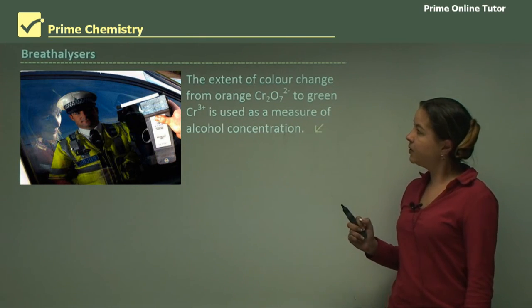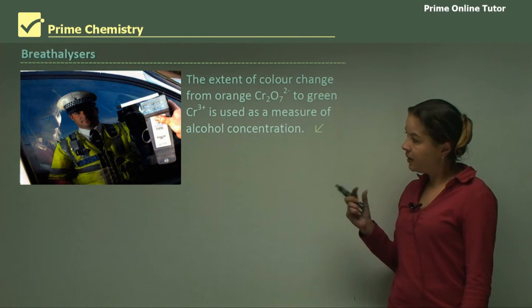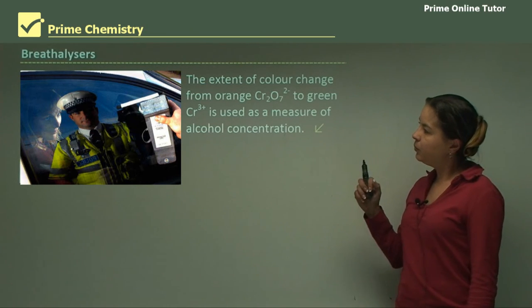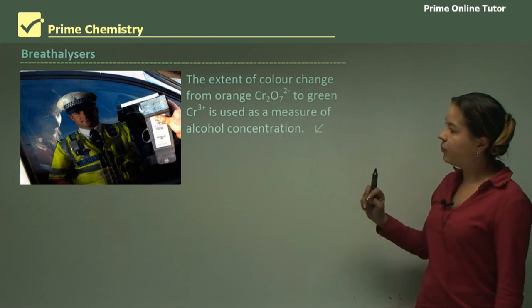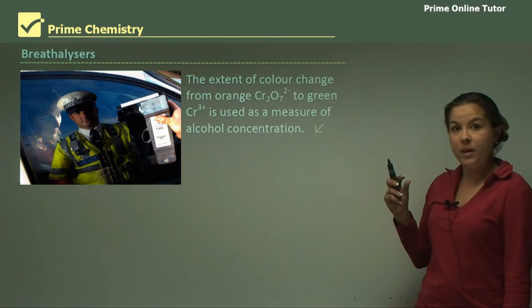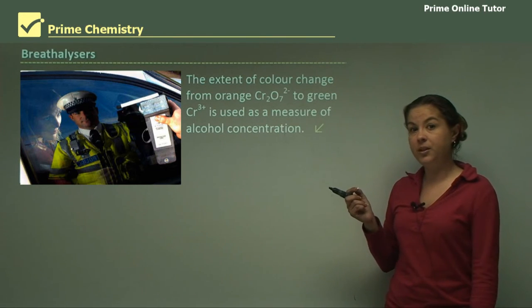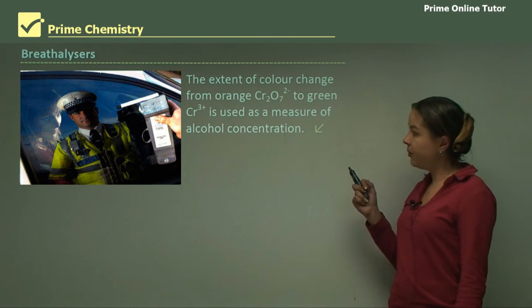What happens in the breathalyser is a colour change, and they'll get a digital reading, but the extent of the colour change goes from orange, which is the dichromate ion, to green, which is just a chromium ion, Cr3+, and that's used as a measure of alcohol concentration. So that sums up our reactions of ethanol.